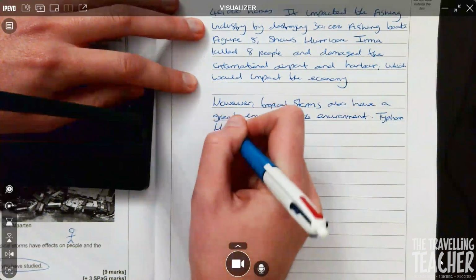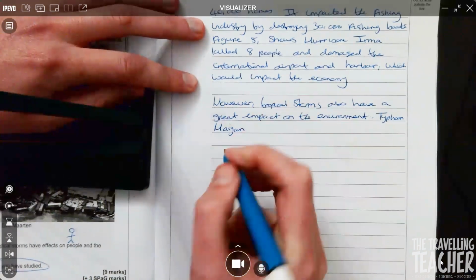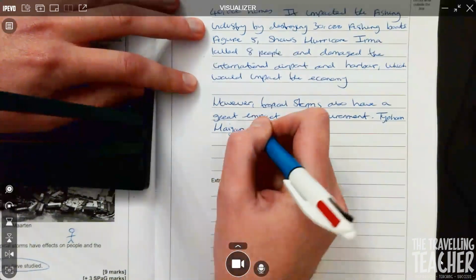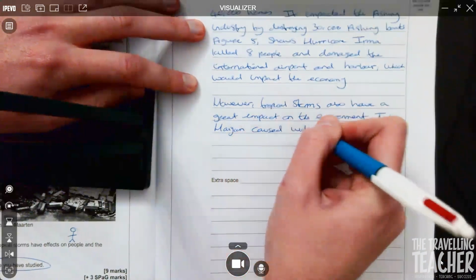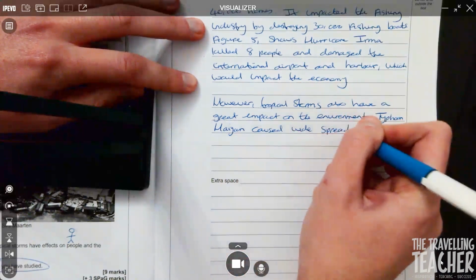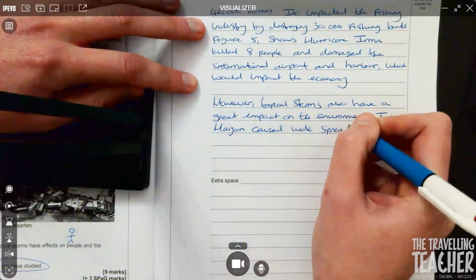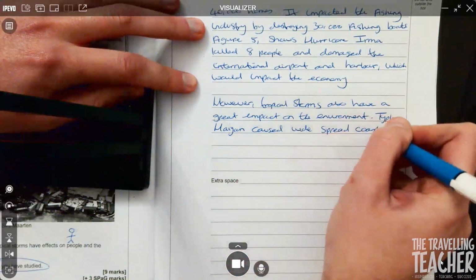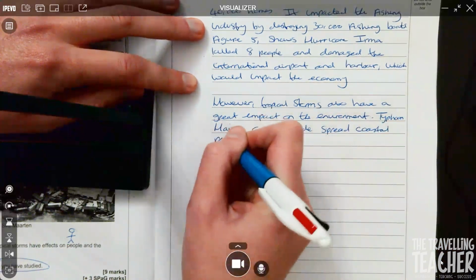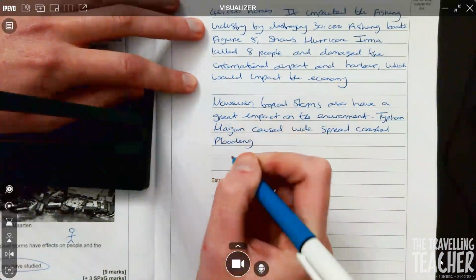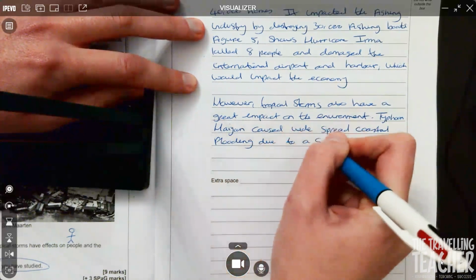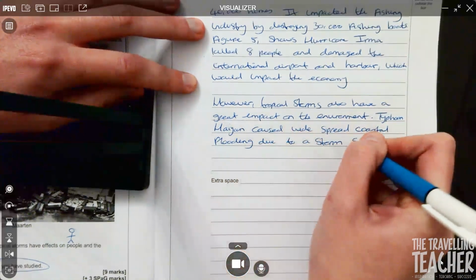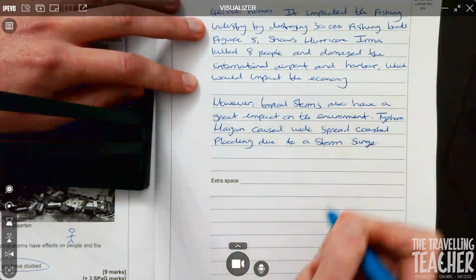Typhoon Haiyan caused widespread coastal flooding due to a storm surge, full stop.